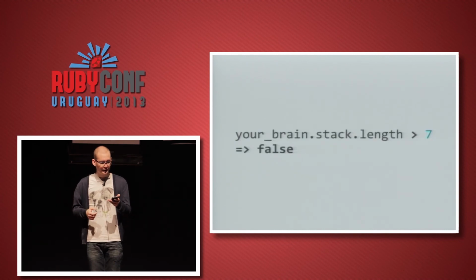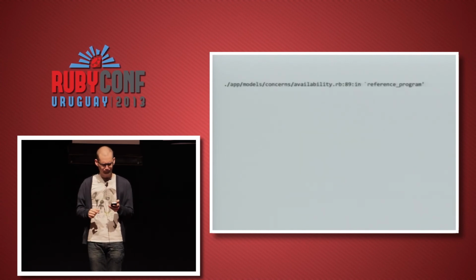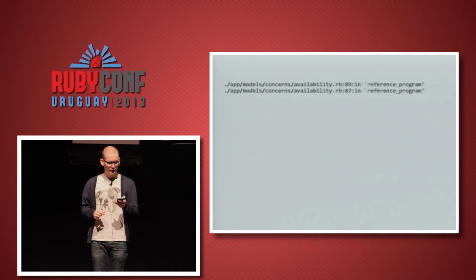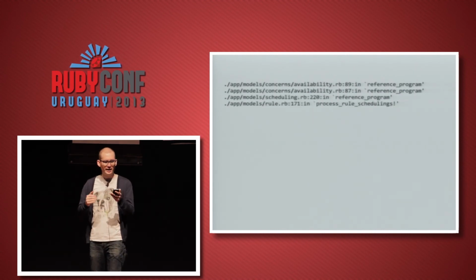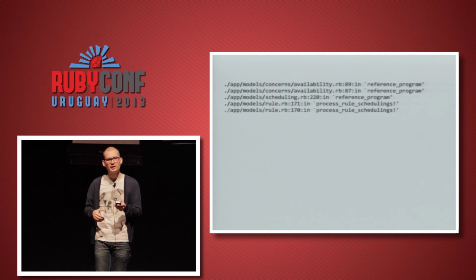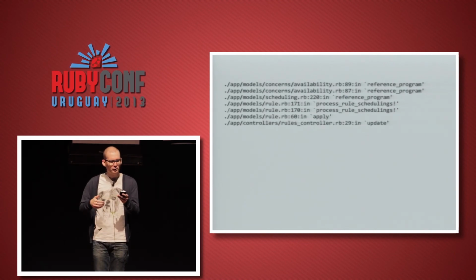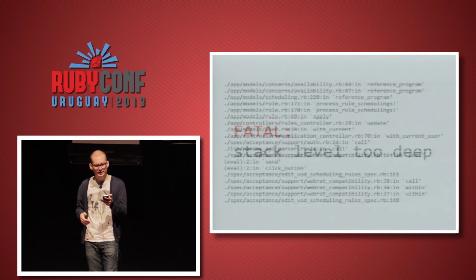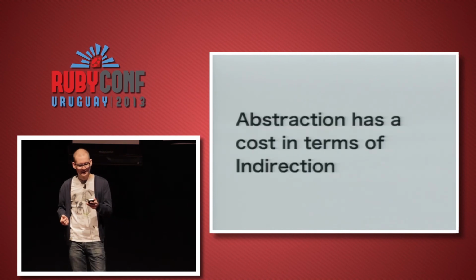But in general, we can say that the length of our stack buffer is not larger than 7. That means that when we come across long stack traces, where we have to jump by more than a few levels of indirection to understand what's going on, what probably happens in our brain is a stack overflow.